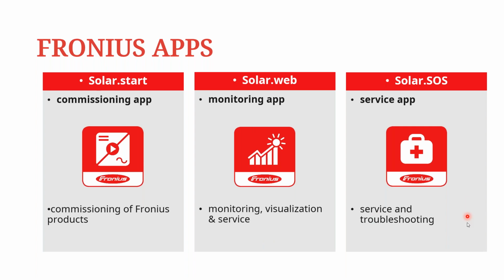And then you have the Fronius Solar.SOS, or in long form Solar Online Support. So this is a service app and allows you to do service and troubleshooting of your various inverters that you have installed. So we will look at each of these apps in turn.